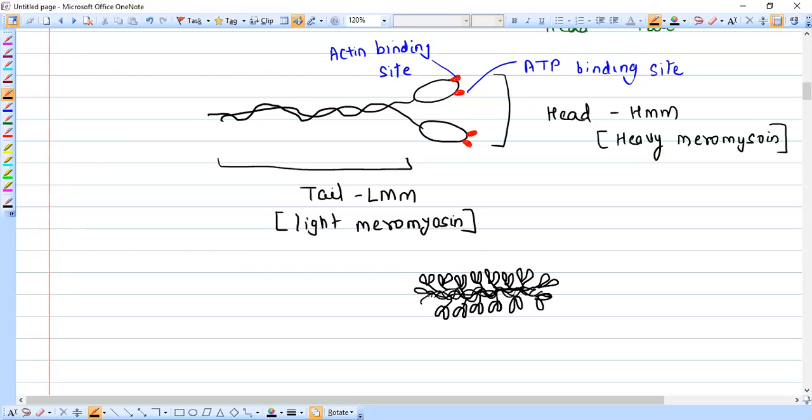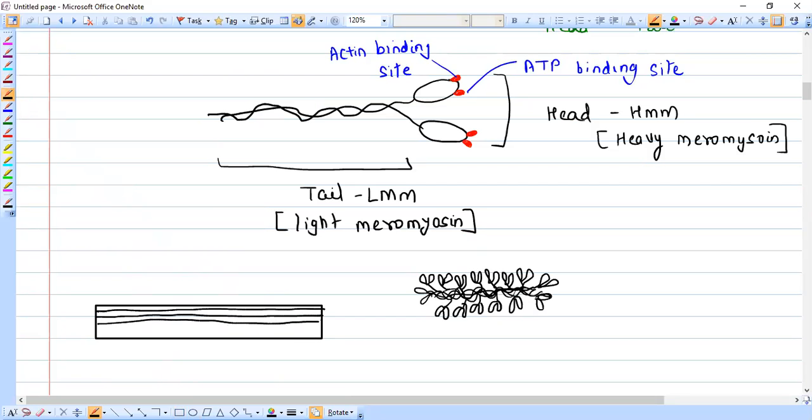If I have to draw it in the simplest way, I can put it this way. This is how the bundle of meromyosin will look. It will appear something like this. There is no doubt all these are the tails. So I put the tails here as such. For the heads I will be using different colors so that it becomes very easy for you to understand. So this is the head.